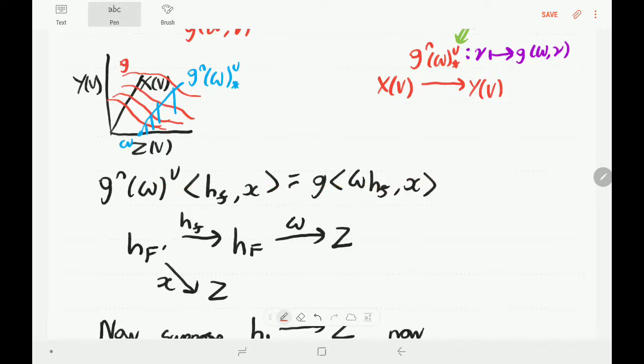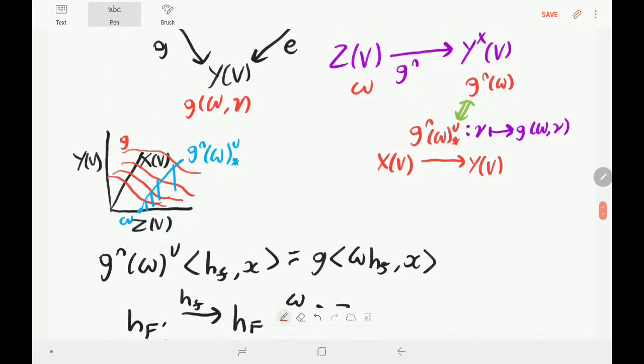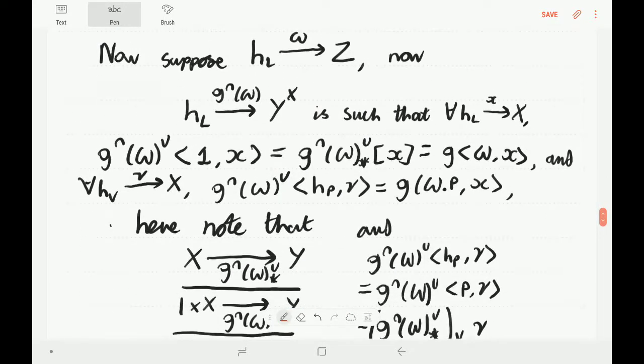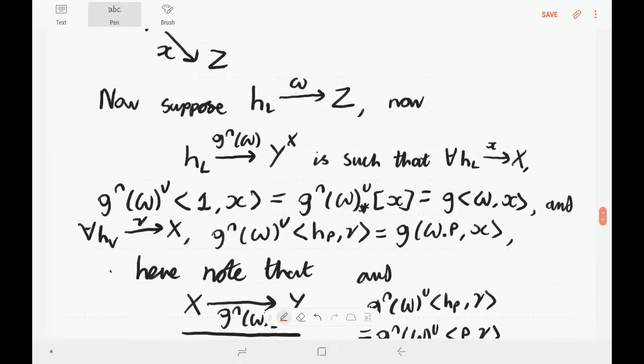So that already shows you that this works, but the other condition is that it respects actions. Okay, we also want that.